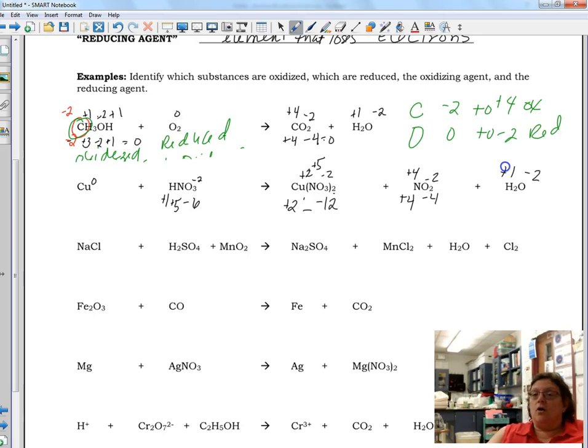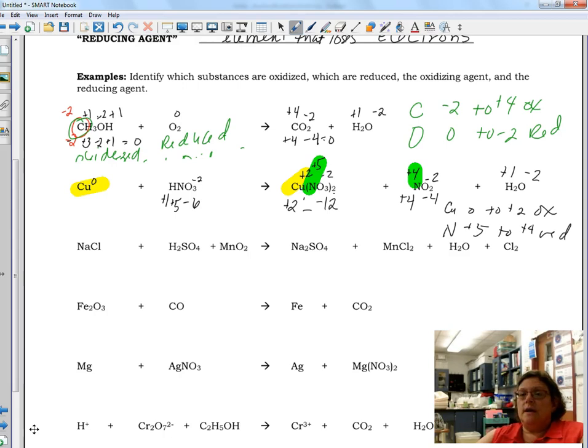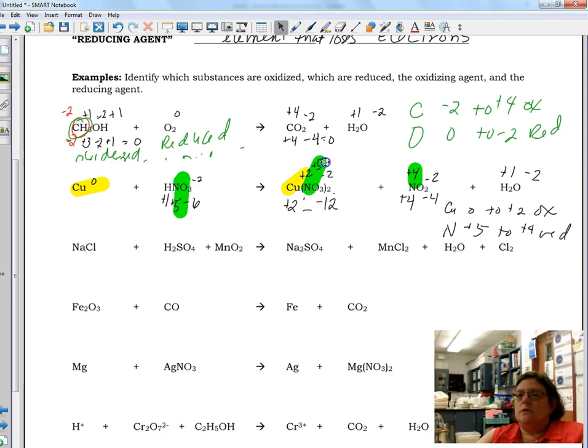So whose charge went up? Well, if you're playing along at home, you noticed copper went from a 0 to a +2. So copper was oxidized. Whose charge went down? Well, nitrogen here is a +5. It's also a +5 here, so that one doesn't really count.